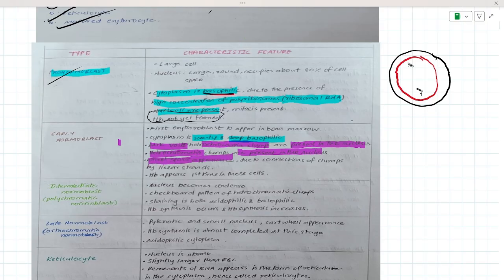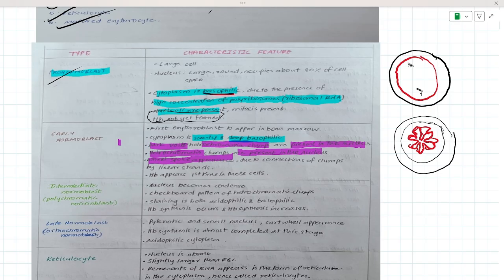I'll just show you in a diagram. Suppose this is a cell which has a nucleus, and there are different heterochromatin clumps like this. These heterochromatic clumps are joined by linear strands like this.